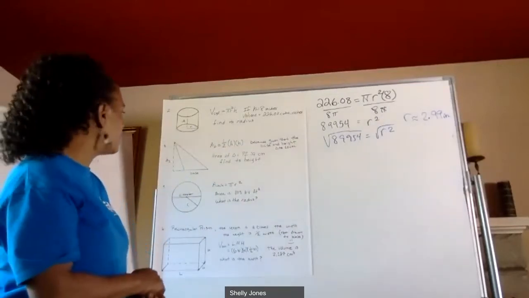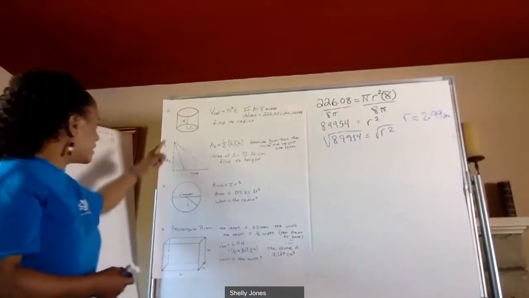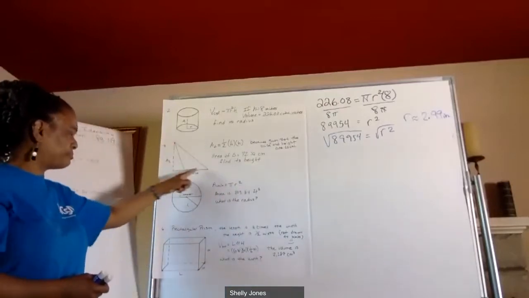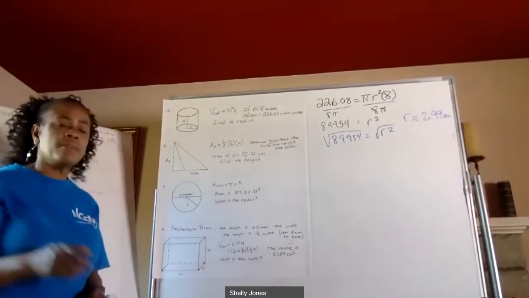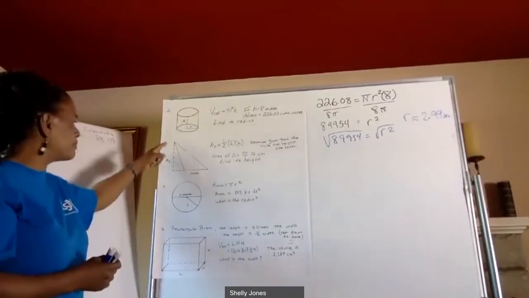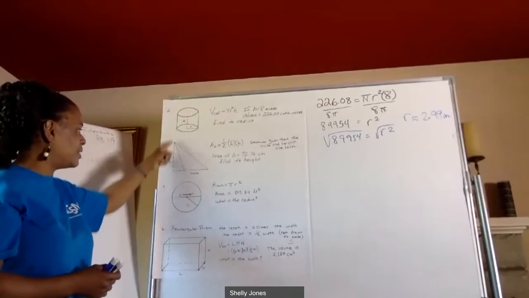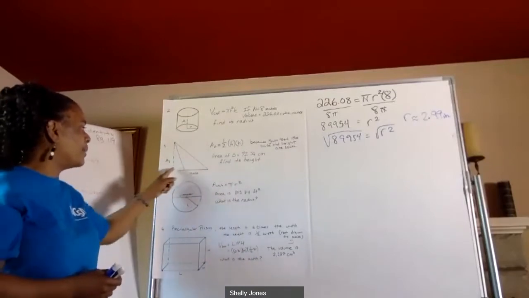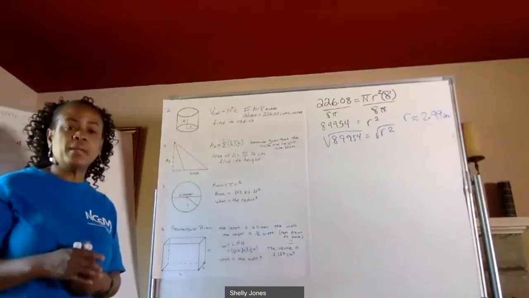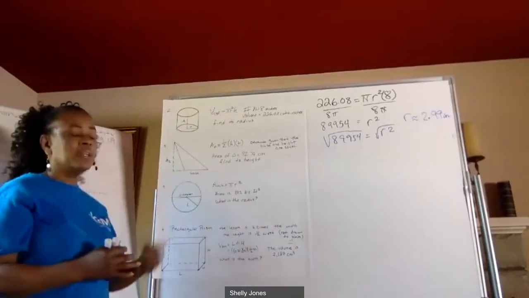Let's do the next one. It says that we have a triangle, and we have the height here, and then we have the base. Now this is the thing.